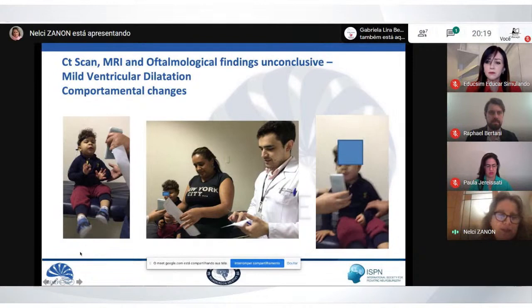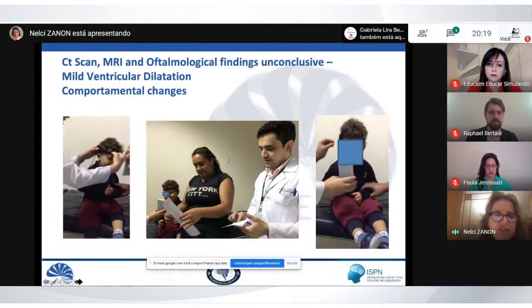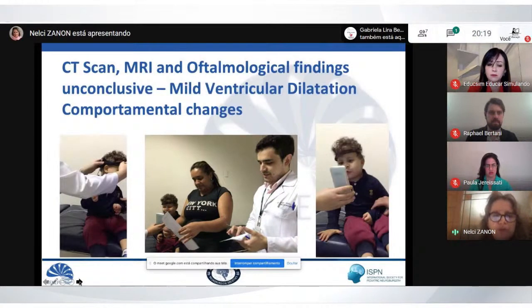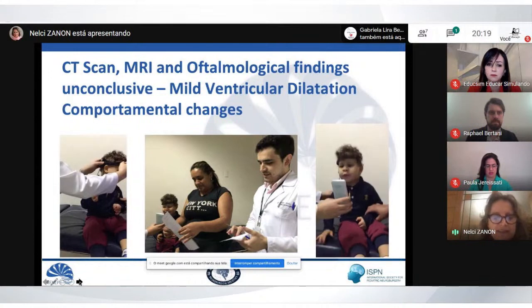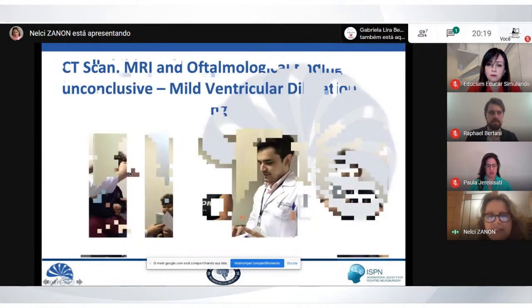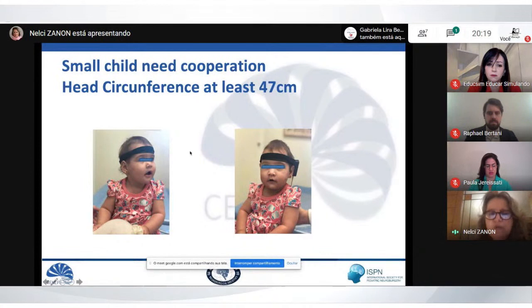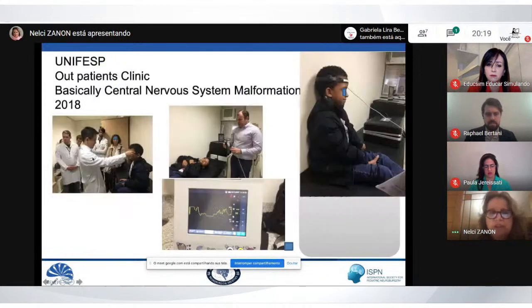But when we have a child without movement, like in this case, a small child, it's possible to monitor her. Our limitation is when we have a head circumference of at least 47 centimeters. Below this range, we need to think of another solution.